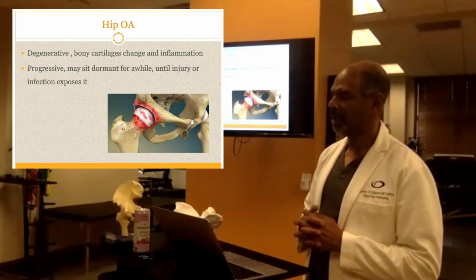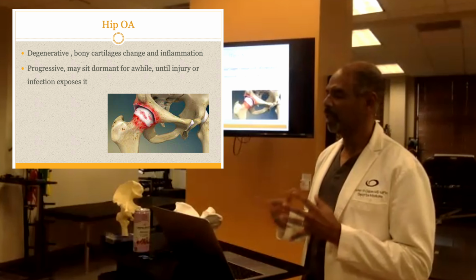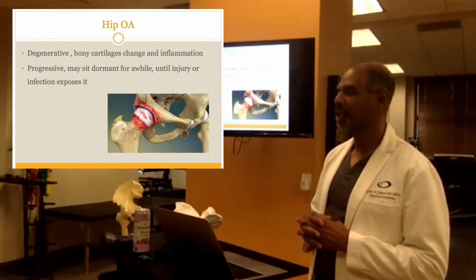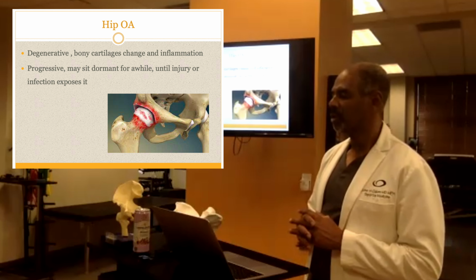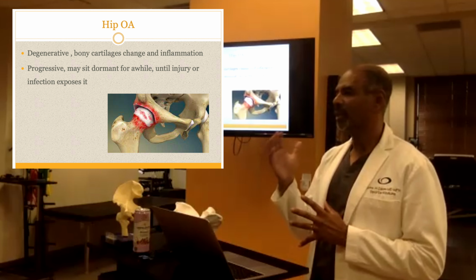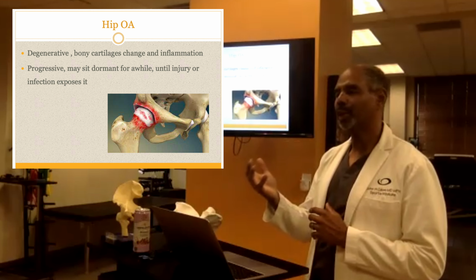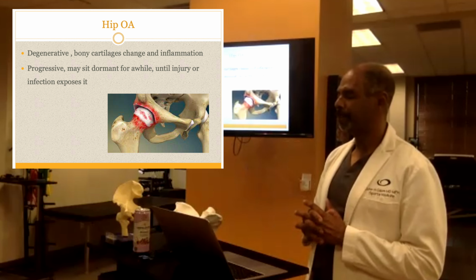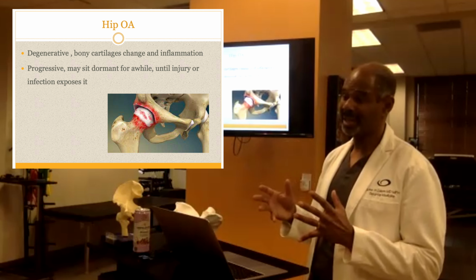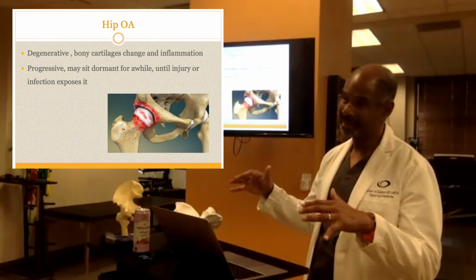Degenerative arthritis is really a combination of a couple of things. One, it's a change in the synovial lining. If you think about the joint space, it's covered with a pristine synovial lining when you're young. One way I like to think about that is that synovial lining is like Teflon on a new pan.